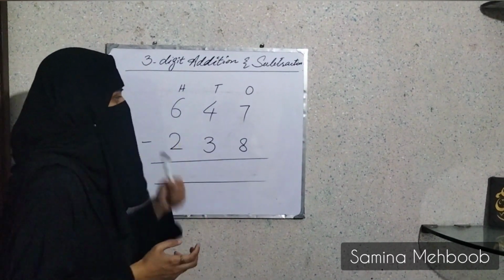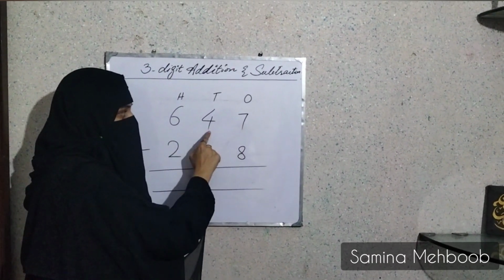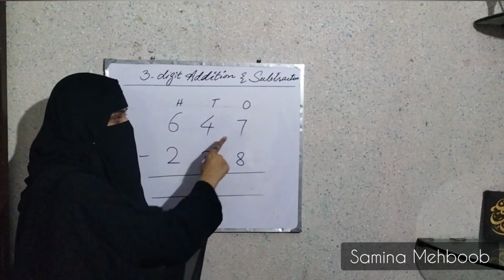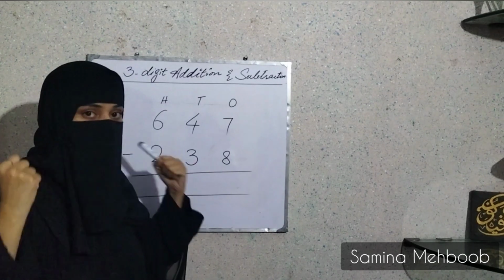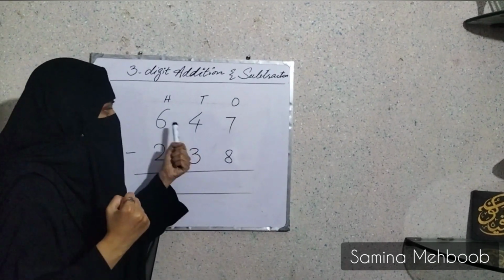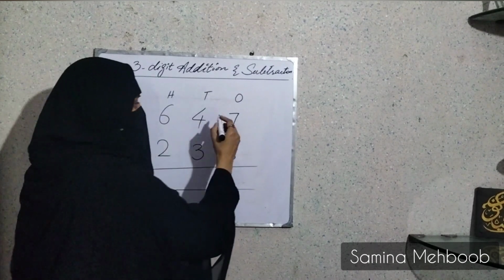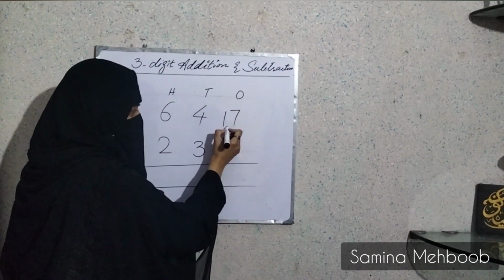The tens place is going to give 1 to borrow, because 7 wants to become big and powerful to subtract 8. Now 4 is going to give 1 to 7. It will become 17.